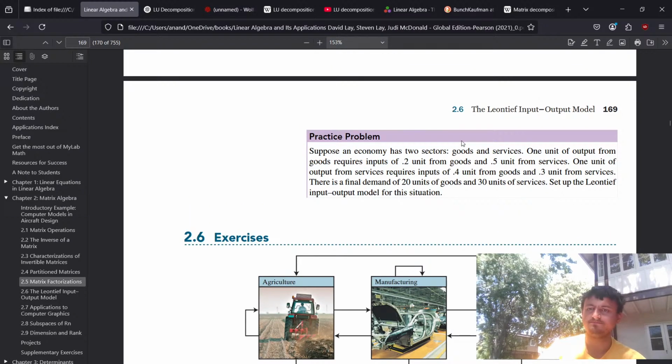All right, practice problem. So there's two sectors, goods and services.